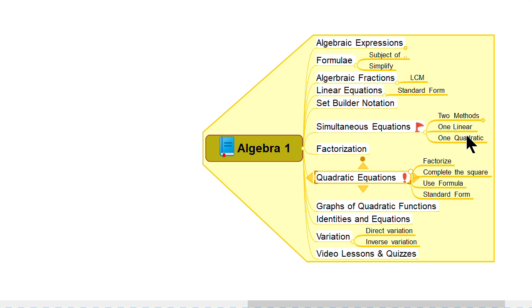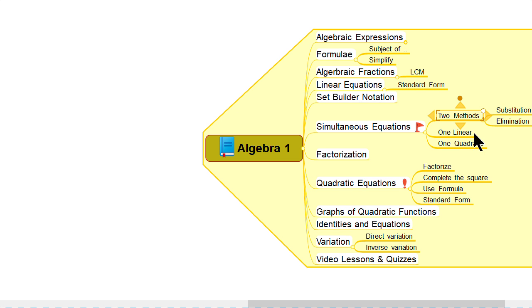There are two methods, one linear, one quadratic, and the two methods can be further expanded using the method of substitution and elimination to solve simultaneous equations. Quadratic equations, you need to factorize them, complete the square, use the formula, standard form of a quadratic equation, and so on. Graphs of quadratic functions, identities in equations, and so on.